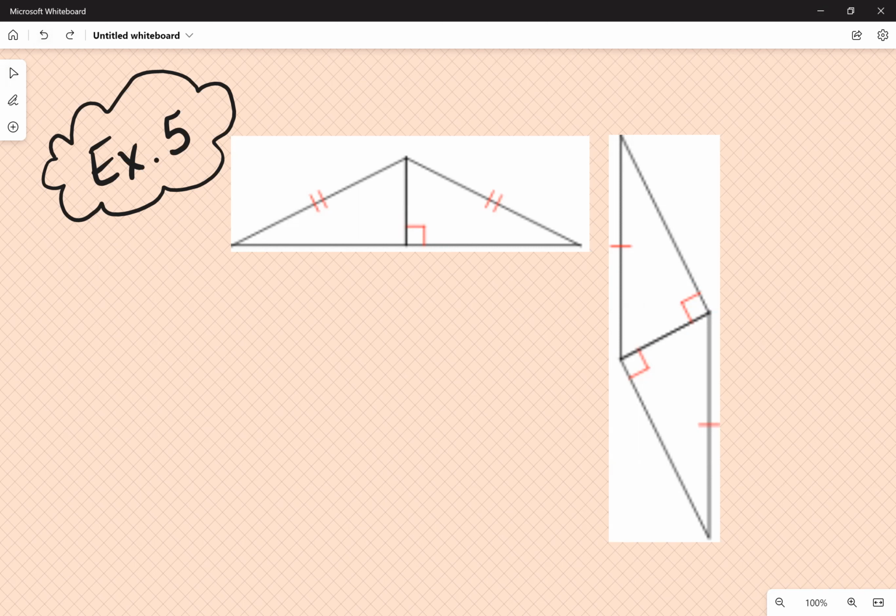So I would have to rotate this figure in order to match them or have the corresponding angles on top of each other. So what I'm looking for is the side that is directly across from my 90-degree angle, because that is known as my hypotenuse. And then I need a leg to be congruent as well. Well, it's understood again, that this is reflexive over itself. So if I were to take those triangles apart, I would actually see that there is a tick mark there.